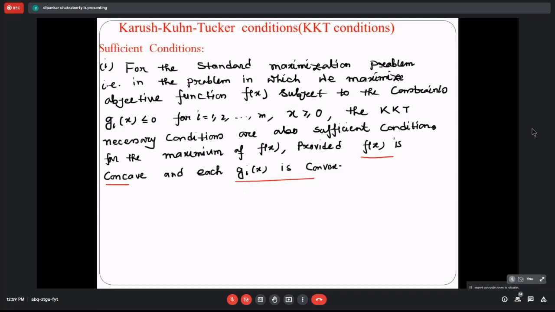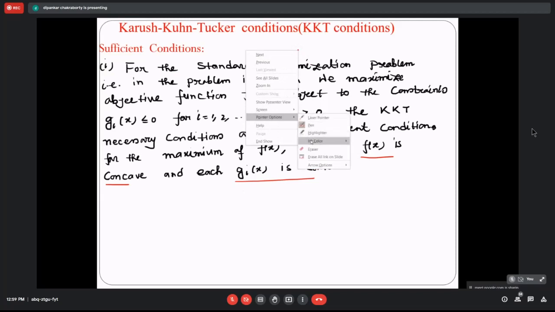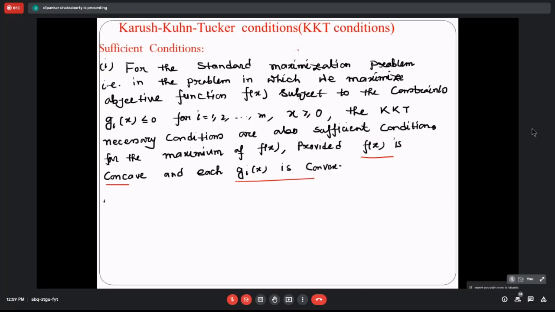Now, the second case. This was talking about the standard maximization problem. Now we are going to talk about the standard minimization problem. So again, the statement will remain the same. I'm not repeating the same.